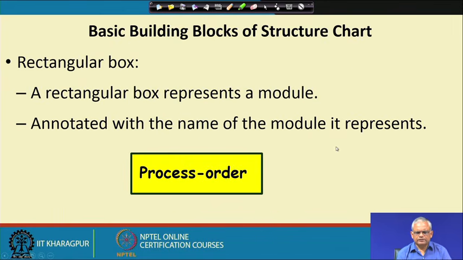Now, let us see what are the basic building blocks of the structure chart. Of course, the central part of a structure chart are the modules. The modules are rectangles, and the name of the module is written, very simple: we draw a rectangle for each module, and we just write the name of the module on the rectangle.